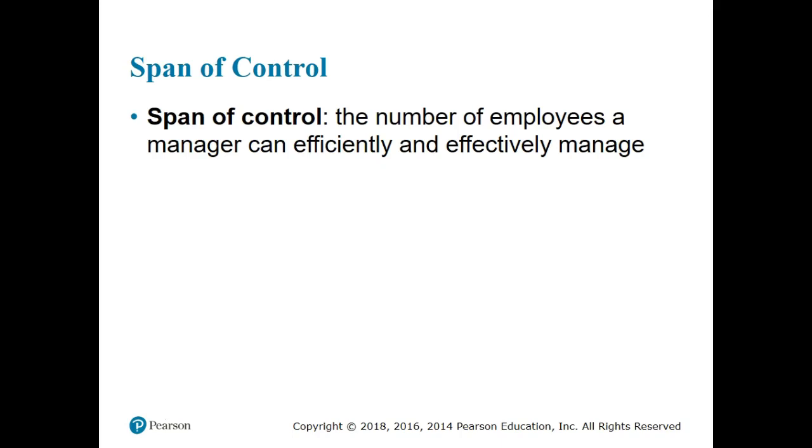Determining the span of control is important because, to a large degree, it determines the number of levels and managers in an organization. And that's an important consideration in how efficient an organization will be. Now, the contemporary view of span of control recognizes that there is no magic number. Many factors influence the number of employees a manager can efficiently and effectively manage.